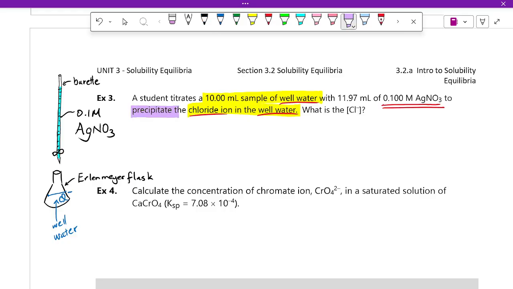Are we going to use the precipitation equation or the solubility equilibrium equation? Are we going to be forming the precipitate, or are we looking at what happens after the precipitate is formed?